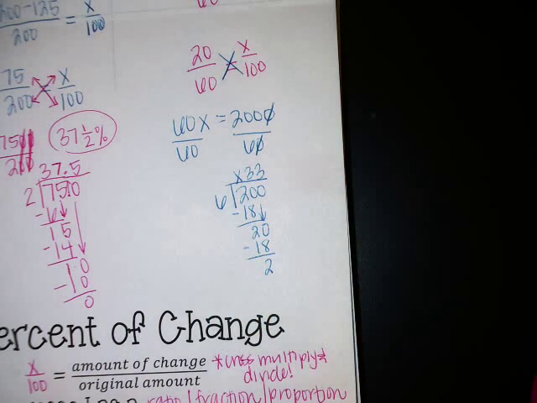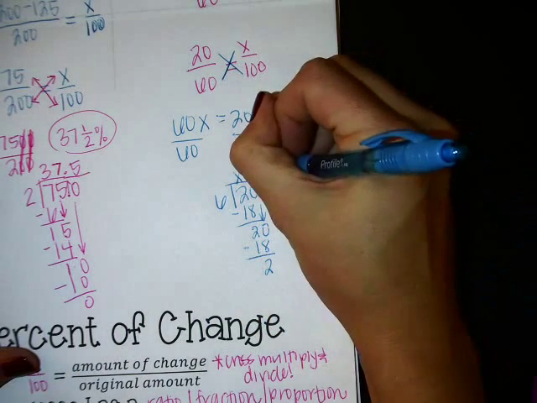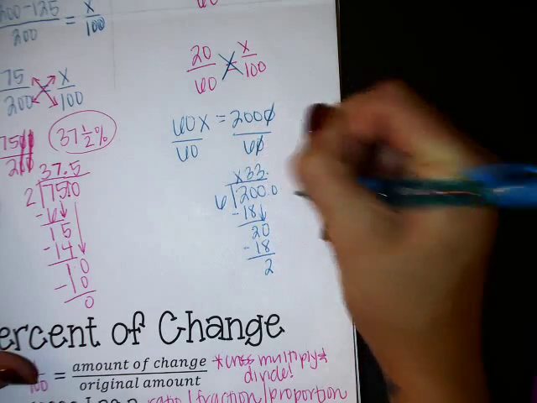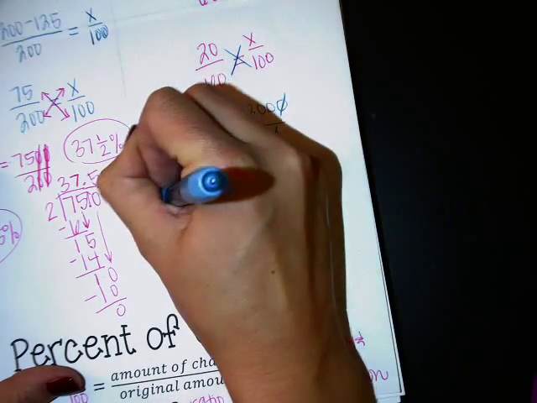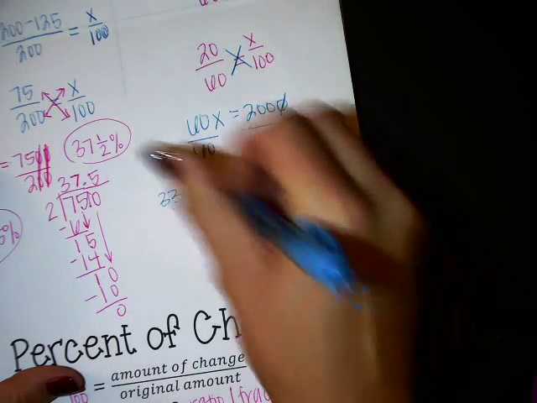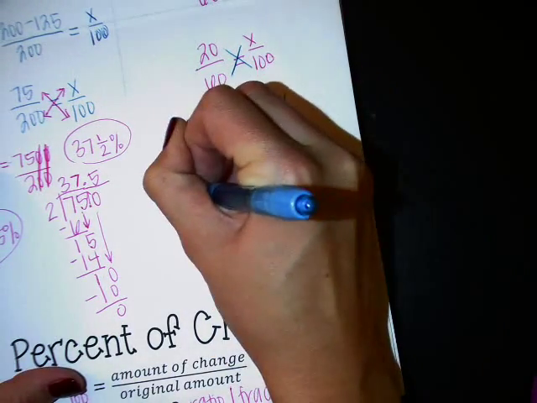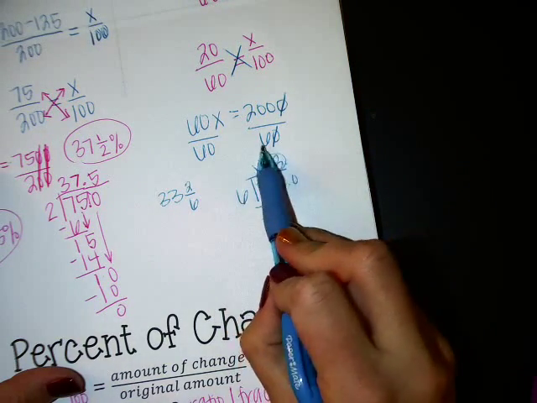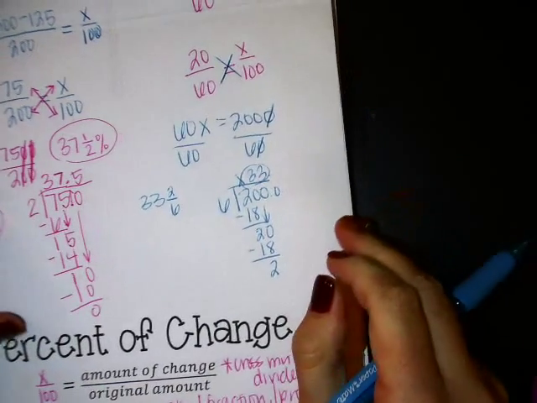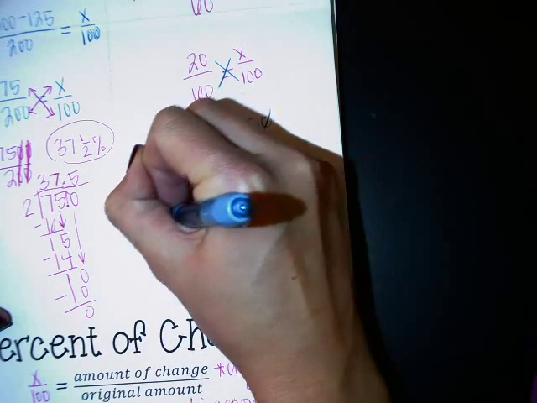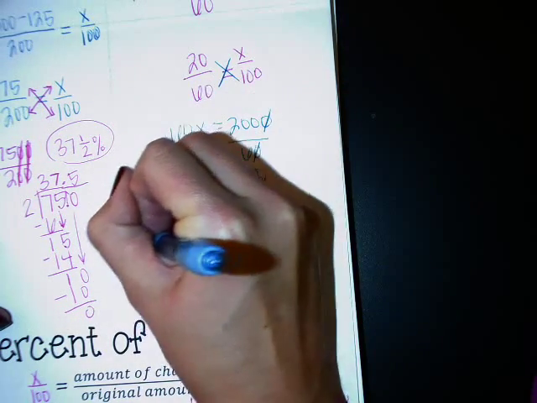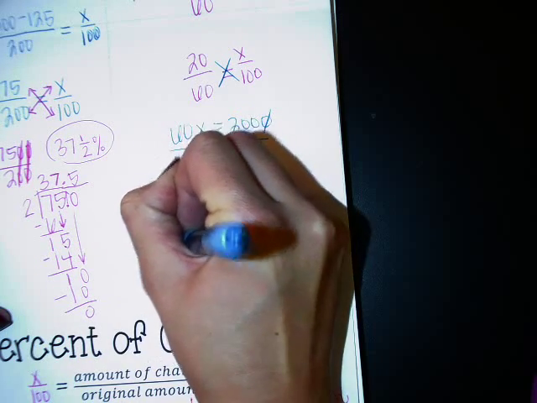Now, I can add a decimal and keep going, or I can take my 33, my remainder becomes my numerator, and this becomes my denominator, the same denominator I had, and the number that's out here. And 6 can be simplified. 2 cut in half is 1, 6 cut in half is 3. So this is 33 1/3%.